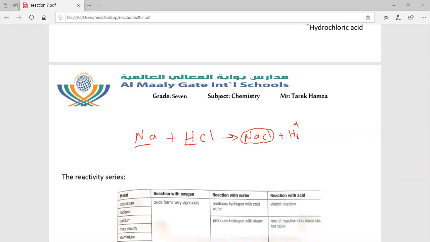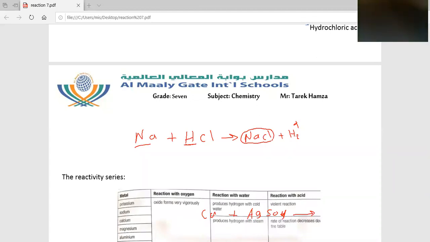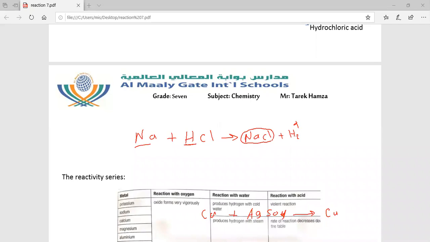This is copper, Cu, plus Ag2SO4 gives CuSO4 plus Ag. Understand now?